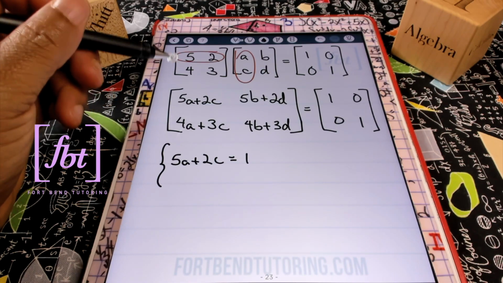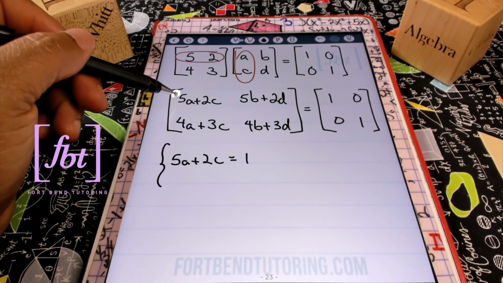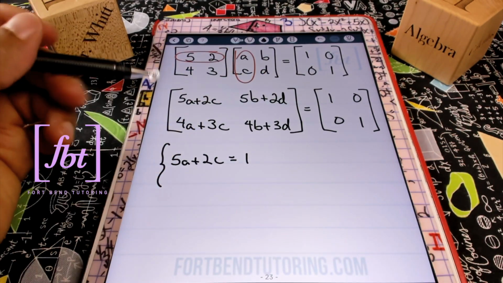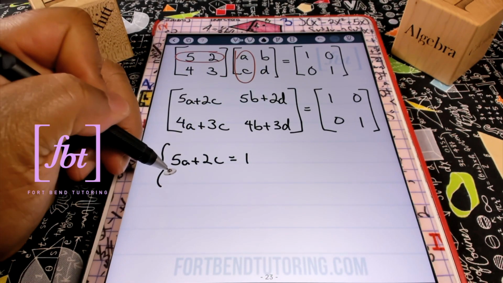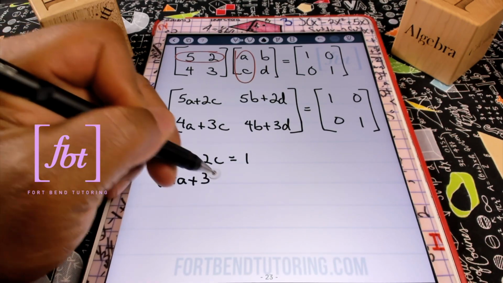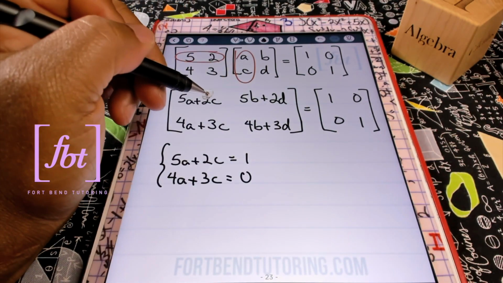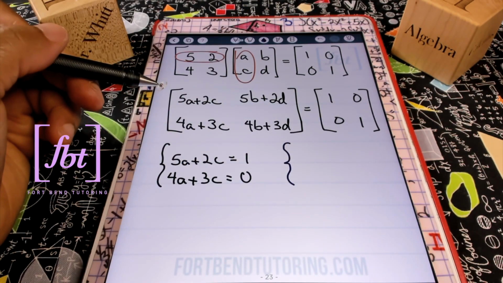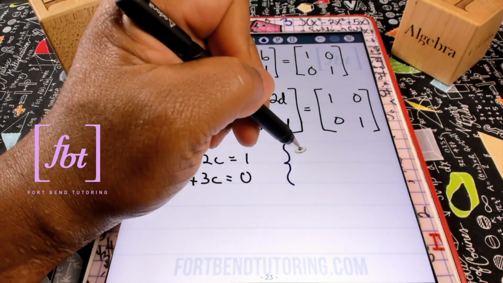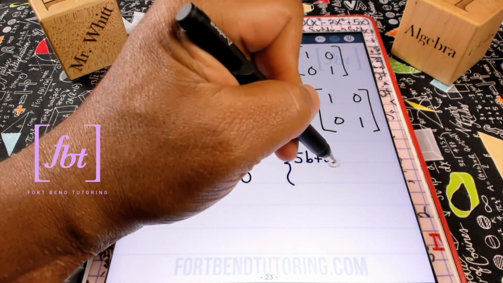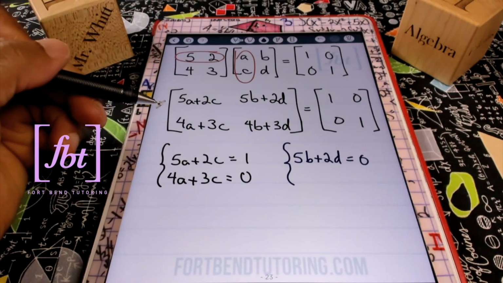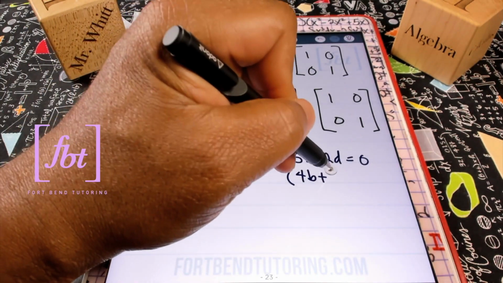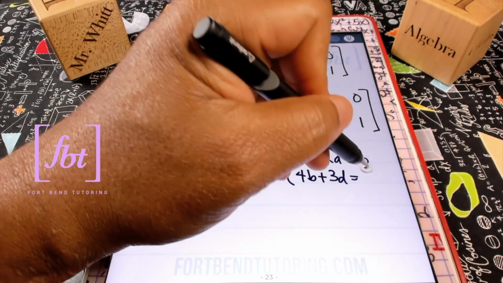The element in the first row, first column must equal the element in the first row, first column of the identity matrix. Likewise, 4A plus 3C has to equal 0. I can set up another system showing 5B plus 2D equals the corresponding value 0, and 4B plus 3D equals positive 1.